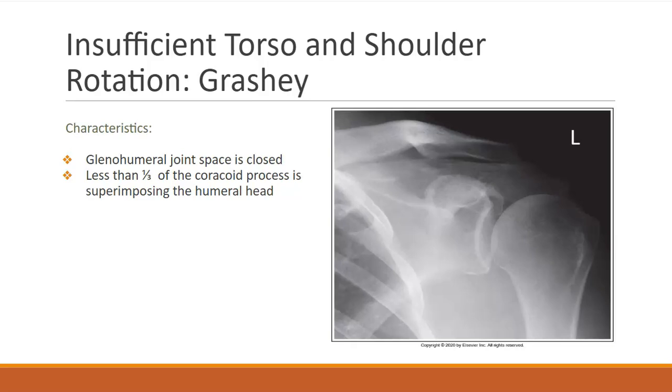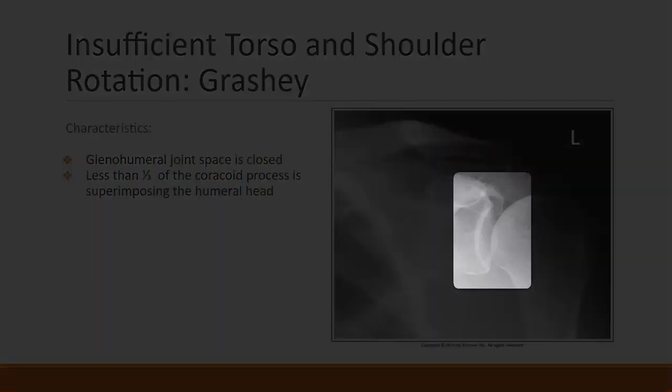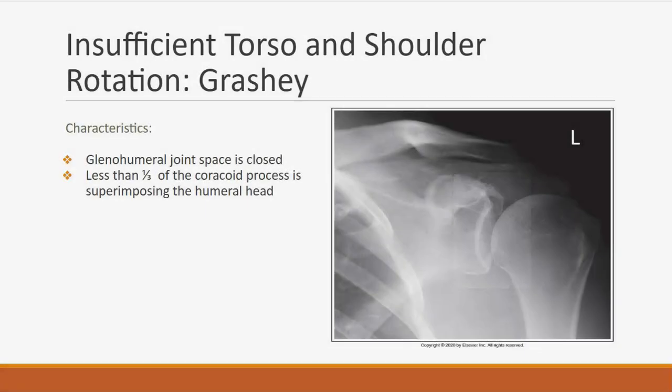Conversely, if the torso and shoulder are rotated less than the required amount, similar complications occur. The glenohumeral joint space remains closed, but in this case, less than 1/3 of the coracoid process is superimposed over the humeral head.